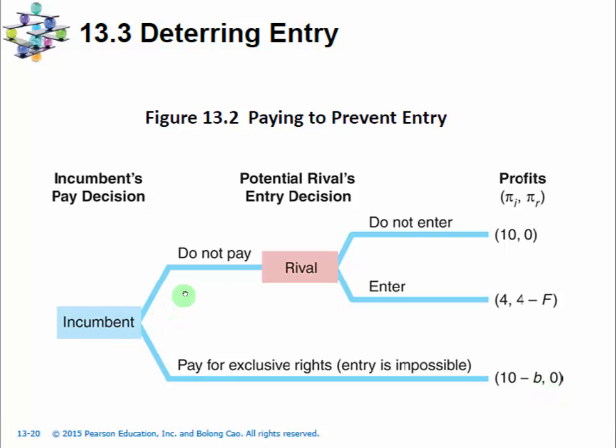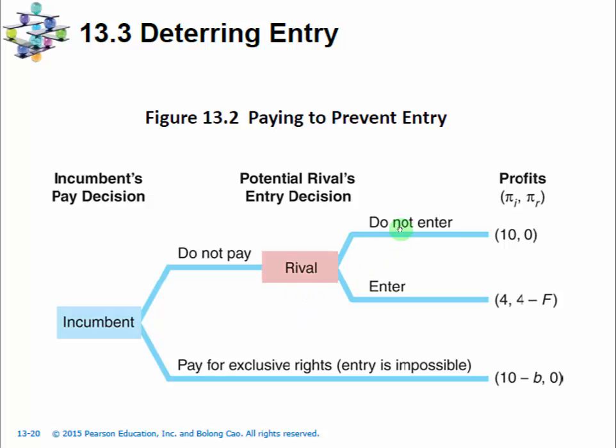The incumbent does not have to pay this B to get the exclusion contract. Then it really depends on the rival's willingness whether to enter the market or not. Usually in this kind of entry game, we call the rival the entrant.